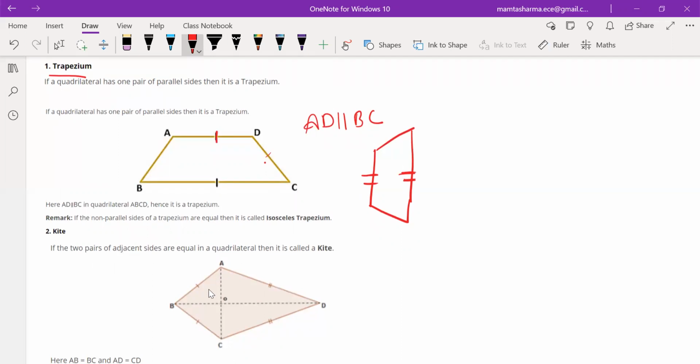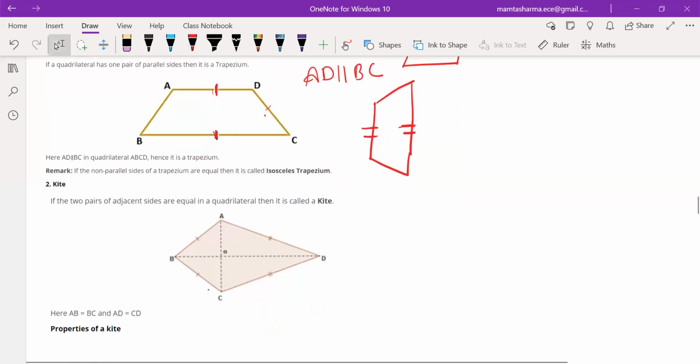If opposite sides are parallel, then that will be a parallelogram. We will see it later. So for trapezium, the simple thing is any one pair of opposite sides should be parallel.